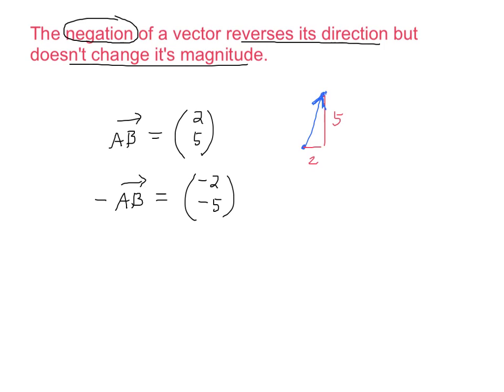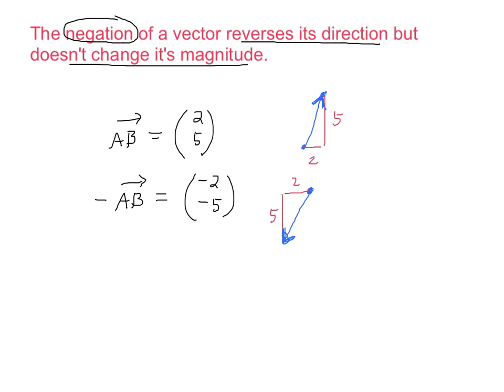If we were to negate it, if we were to draw this vector -2, -5, it would start at a point, let's say right there, and then it would go in the opposite direction. You can see here, if we were to reverse it, that's 2 and that's 5. The size would still remain the same, but it's just the direction that is getting negated.